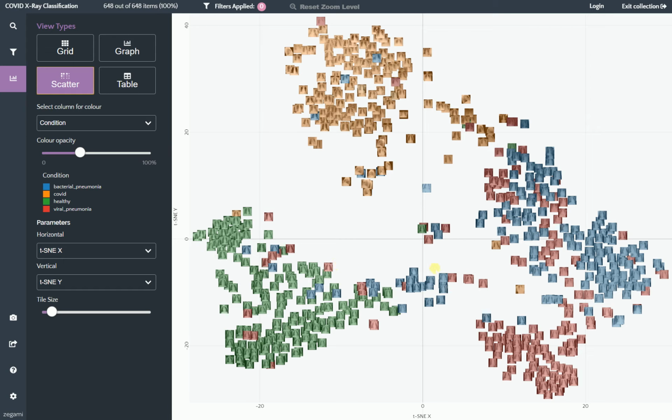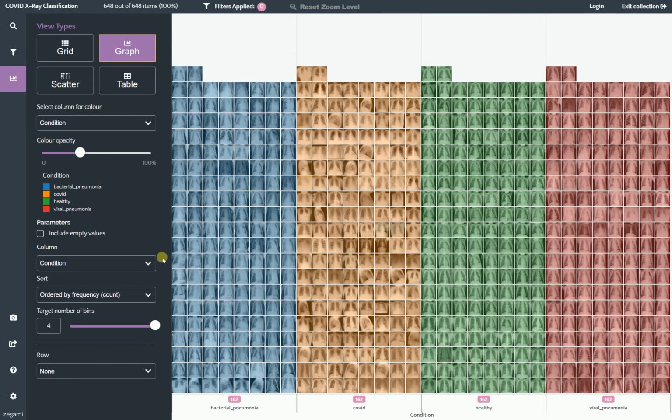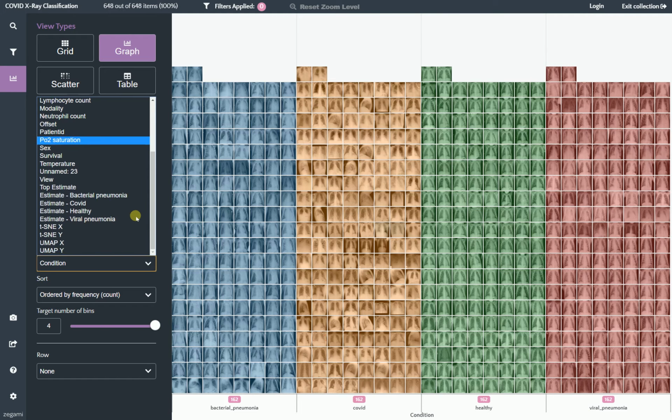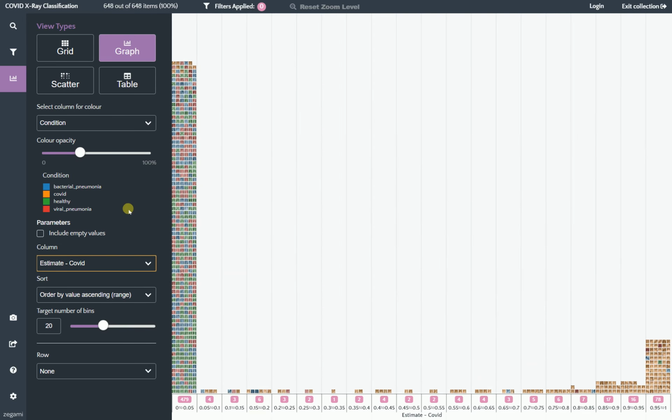We can look at some of these other values to see how well it's done. We can go to the graph view again and look at the condition. We can look at the estimates, so for example, we can look at how well COVID's done. These are basically a probability of how well it's assigned the class, or a softmax score, and you can see here that there's a high probability that these COVID ones are correct.